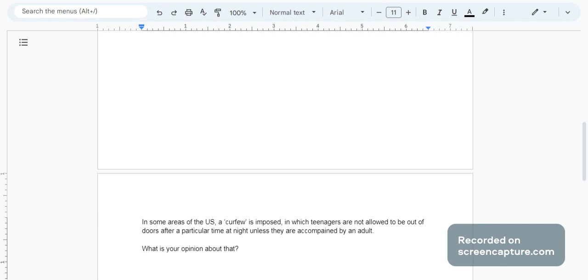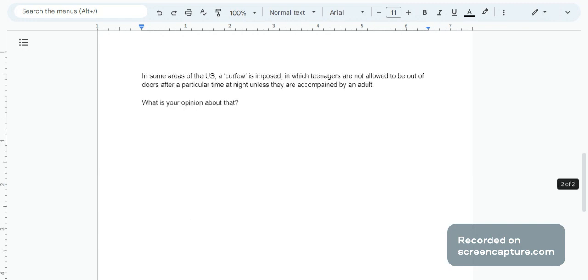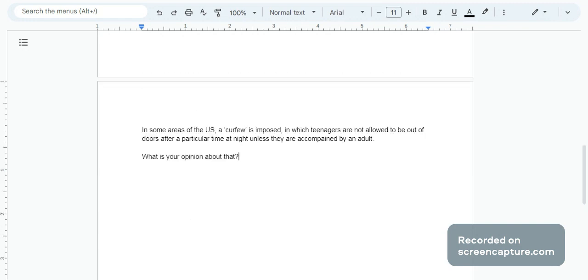So in some areas of the US, a curfew is imposed in which teenagers are not allowed to be out of doors after a particular time at night unless they are accompanied by an adult. What is your opinion about that? Straight away, this is a discussion essay, because it has some positive points as well as some negative points.